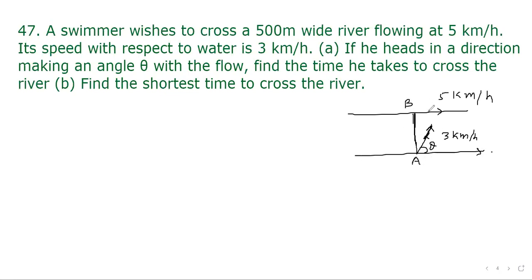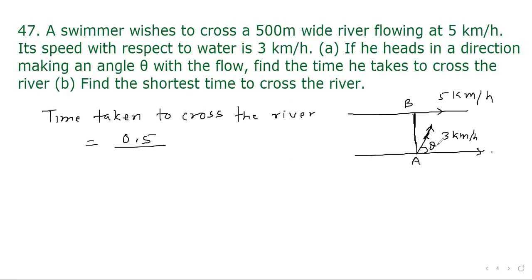So the time taken to cross the river is equal to the width of the river, that is 500 meter, which means 0.5 kilometer, divided by the speed in this direction, which will be 3 sin theta.